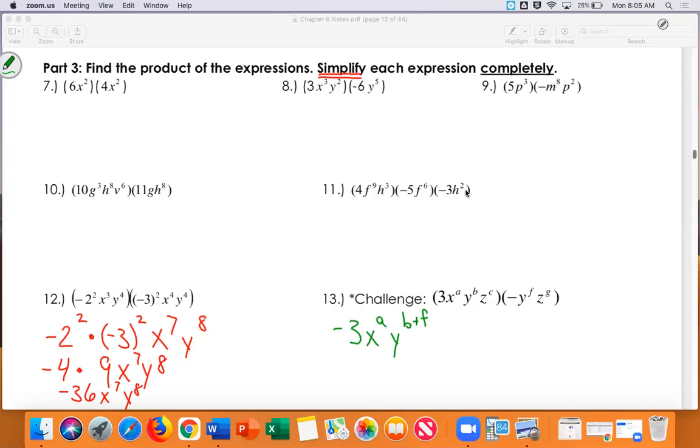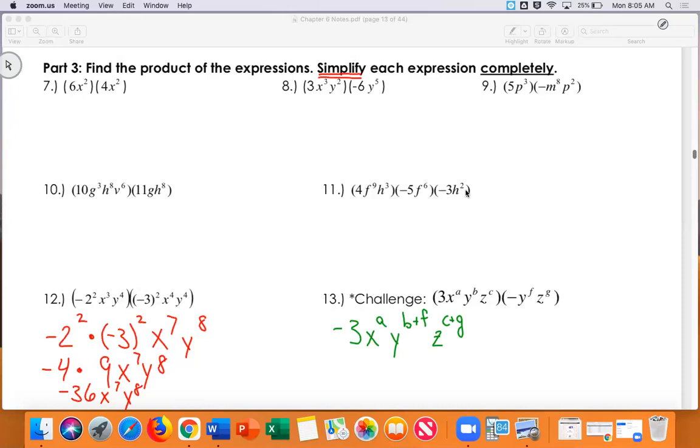So it doesn't matter what it is, they just add them. Just because I can't add them and get a single number doesn't mean I'm not still going to add them. Now z to the c plus g. And that's it.